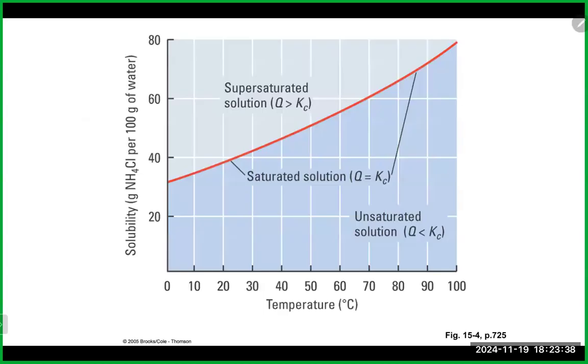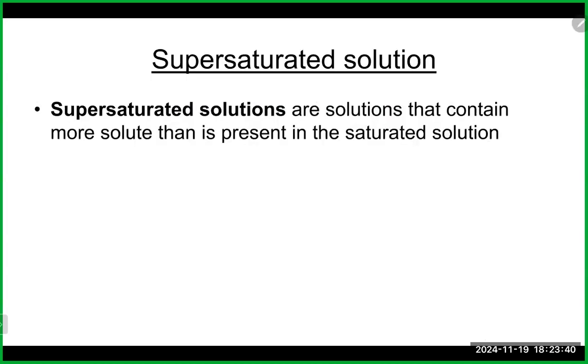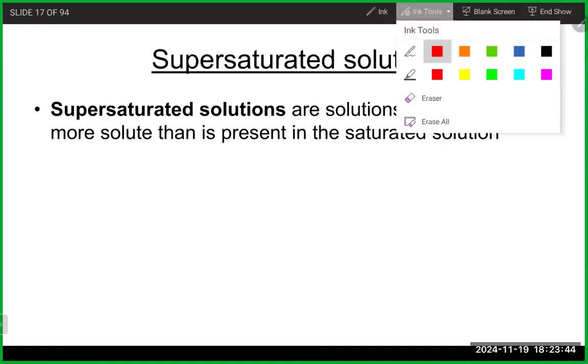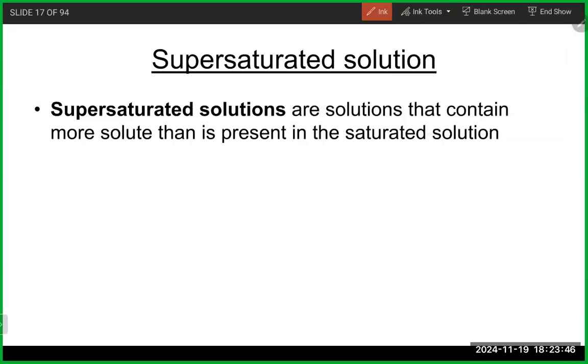Now, a third type of solution is what is known as a supersaturated solution. One of the ways that you can make a supersaturated solution is making a solution really saturated at a higher temperature. Typically how you make one of these is you take some solvent and you heat it up.